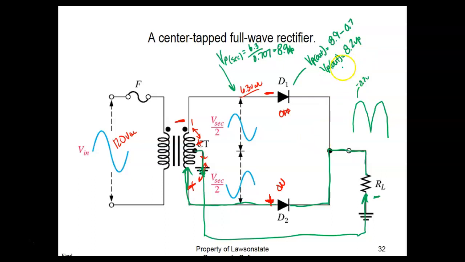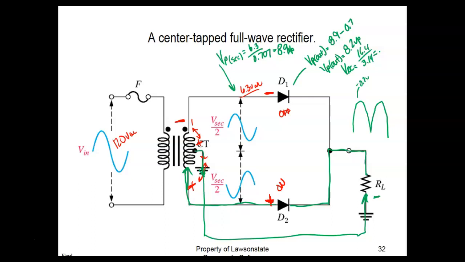And then my volts DC would be equal to 2V peak over pi. So that's 16.4 divided by 3.14. And this will be our DC. This will be what our meter would measure.